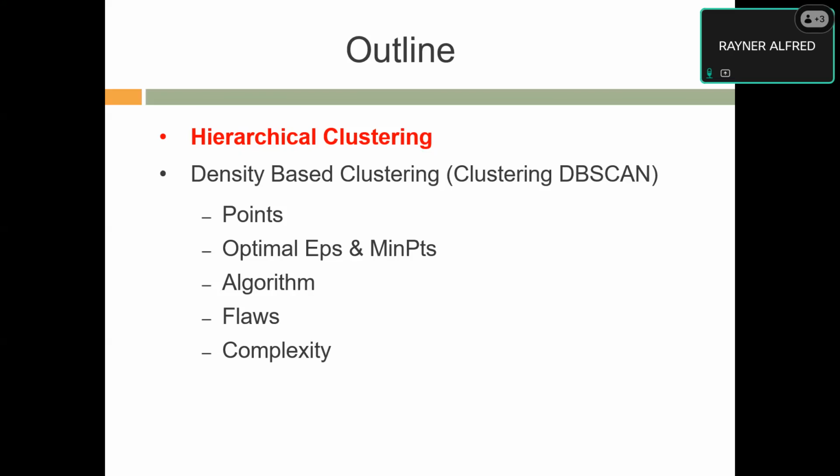Compared to partitional clustering, where we decide what K is, which is the number of clusters, and then assign the remaining data to the closest centroid, in hierarchical clustering we merge individual items that look similar, that have the highest similarity index, to form the cluster.